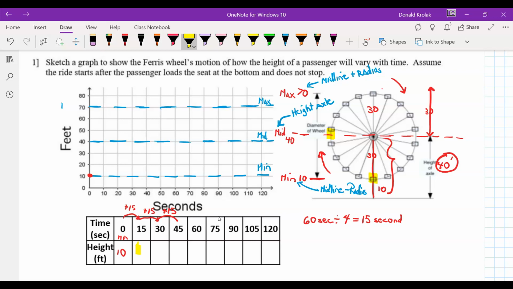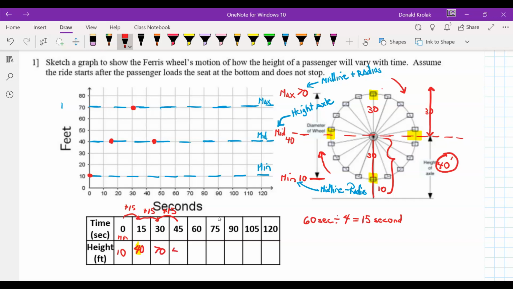So I'm going to estimate where 15 is. Then at 30 seconds, I'll be all the way at the top, which is 70. And at 45 seconds, back down to the midline at 40. And then I'm back down to 10 at 60 seconds.